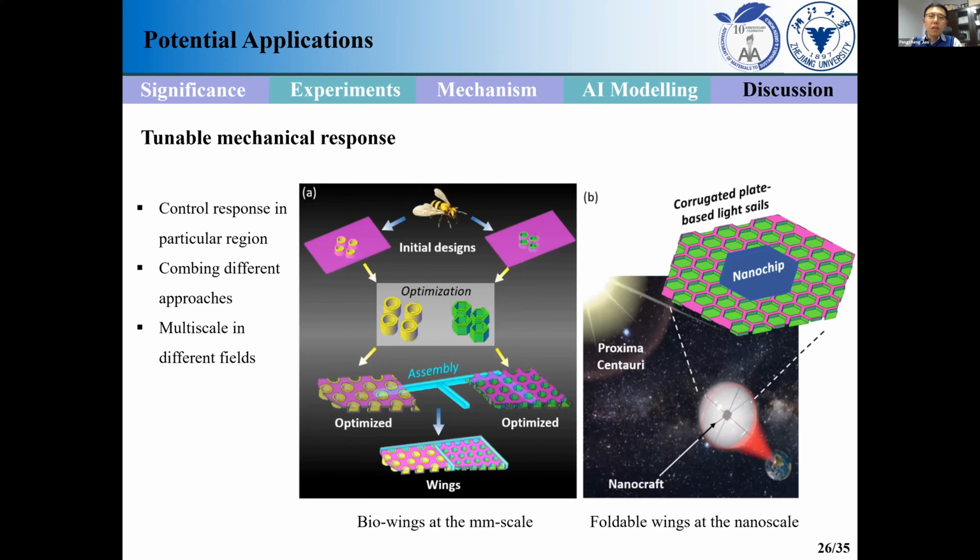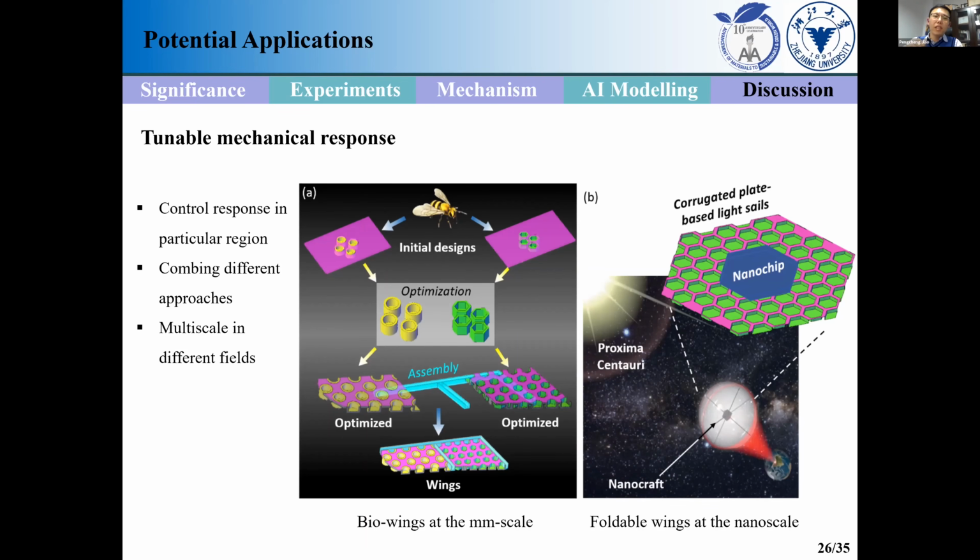For example, we have the application for bio beams at the millimeter scale, because, let's say, the wings in the honeybee should be flexible and light, and also should stand up to very extreme situations, such as when the wings conflict or touch a wall.